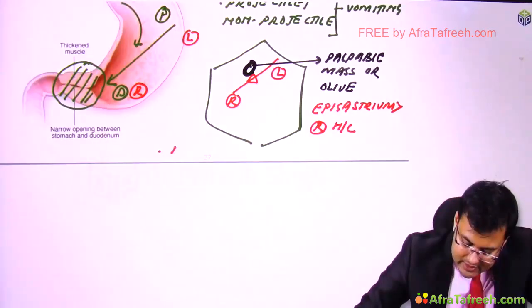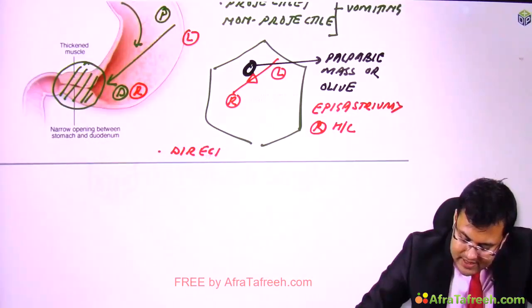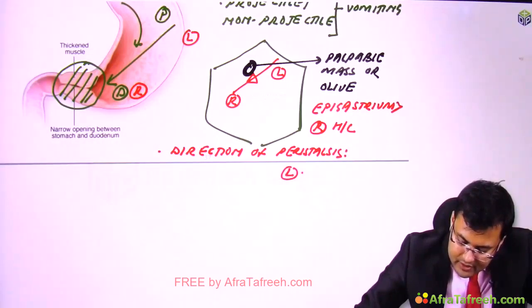Simultaneously, there is peristalsis from left to right. Generally these kids are brought to the pediatrics department, and one experienced clinician can easily make the diagnosis only on the basis of these findings.